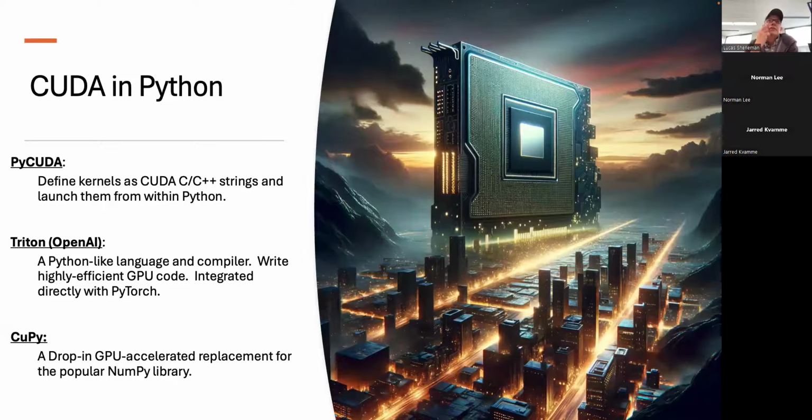It allows you to define a CUDA kernel in CUDA C as a string and then deal with it. So you're still writing at least your kernel in C, but the memory management, the allocation, all of that stuff is actually just in Python. I'll show you examples here in a second.